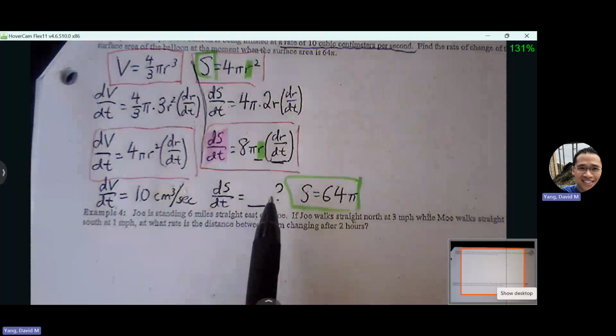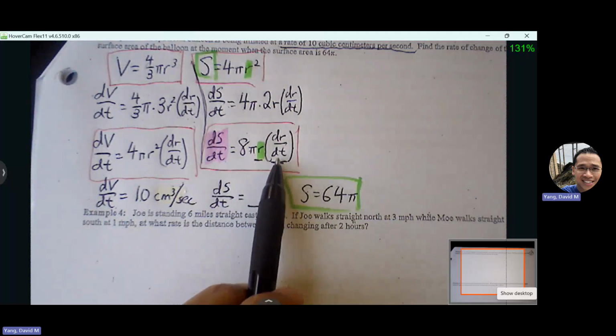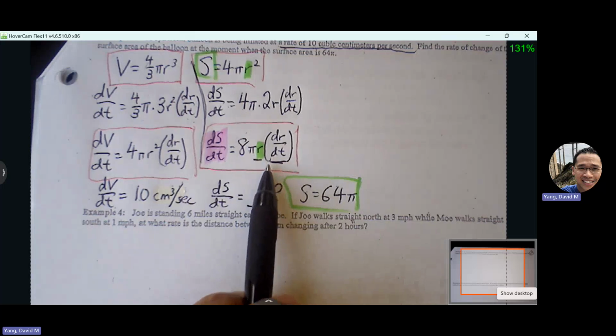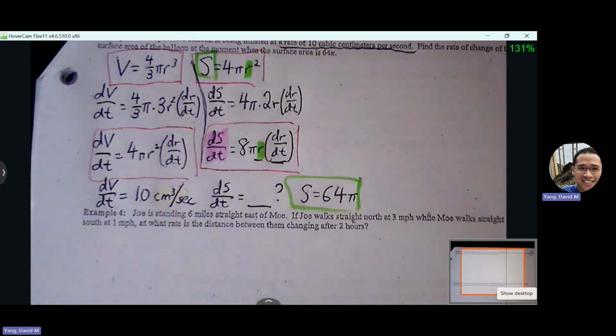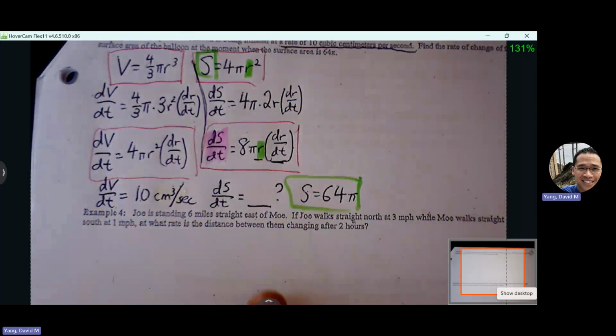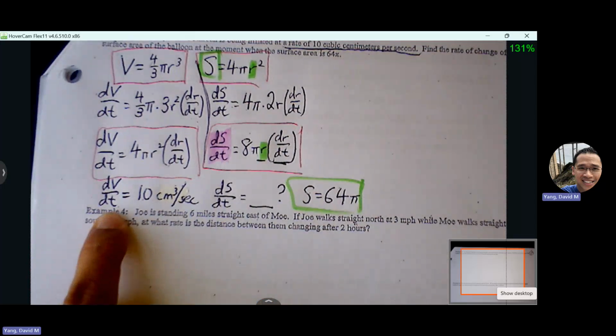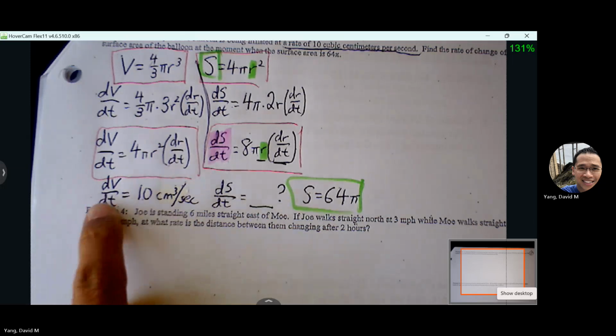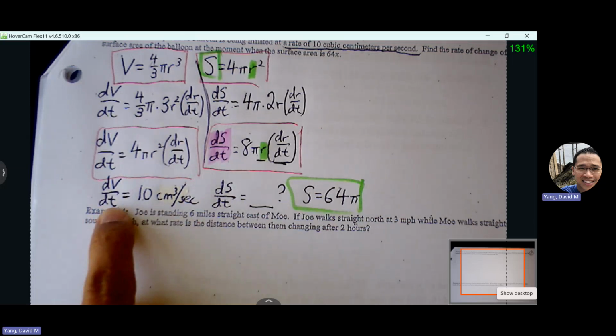Now, once we find R, we're still needing dr dt. So we still don't have dr dt. What we do have is dv dt. So if we look further down the problem, how can this dv dt value help us get to where we want to go? Do we have a dv dt equation?